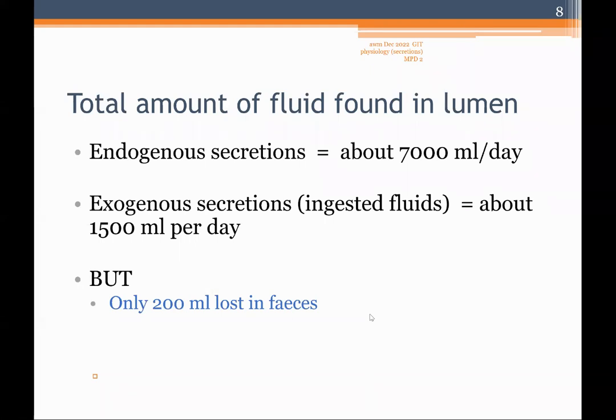So when you pass feces, it will only contain about 200 mLs of water. Basically, your digestive system recycles the fluid in the body. So if you have hypovolemia, if you're dehydrated, the secretions are also going to be diminished, because the body doesn't want to rock the homeostatic balance in the body.